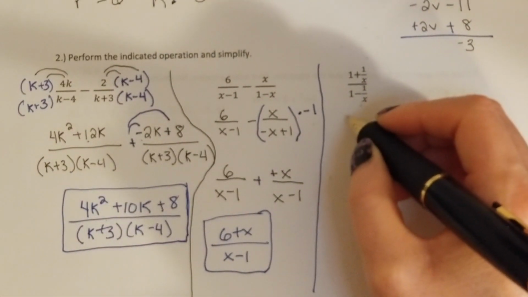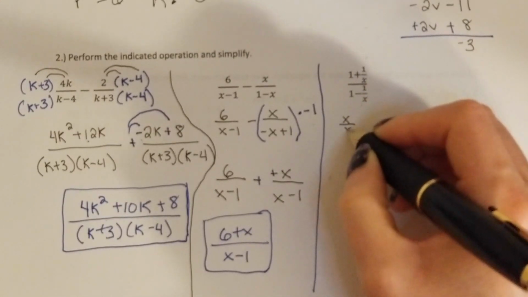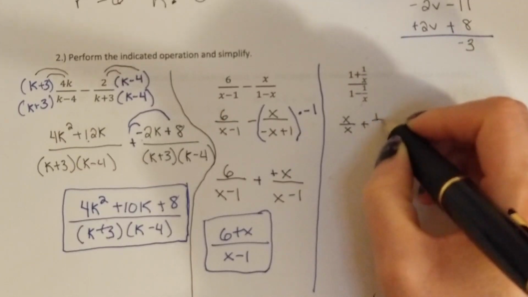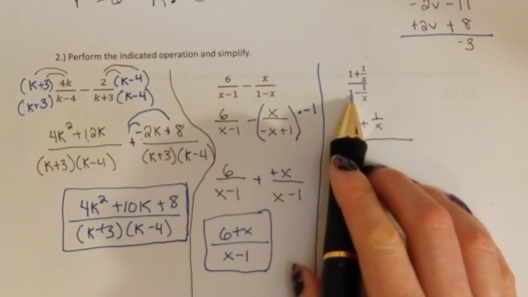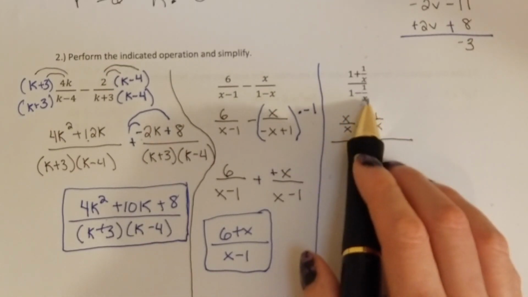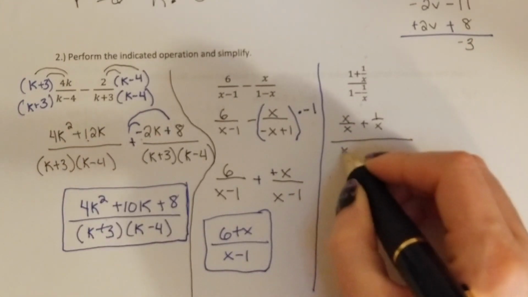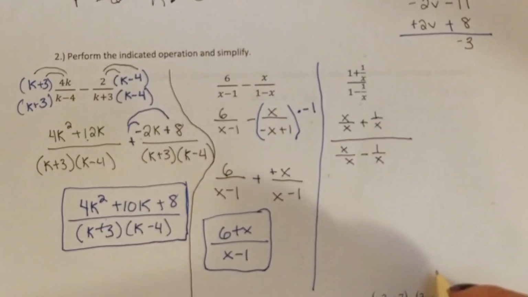So if I multiplied it by x, I would have x over x plus our 1 over x. And then convert this one, the same thing, this would be 1 over 1 times both of those by x to get the same denominator. So that would be x over x minus 1 over x.